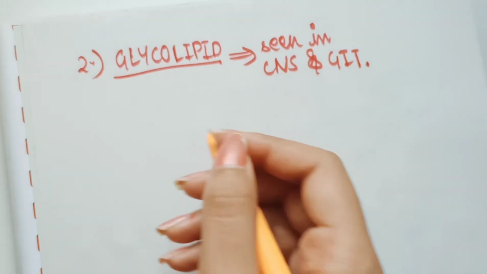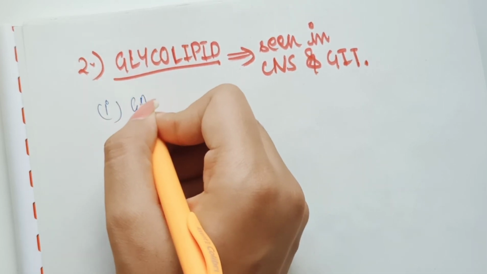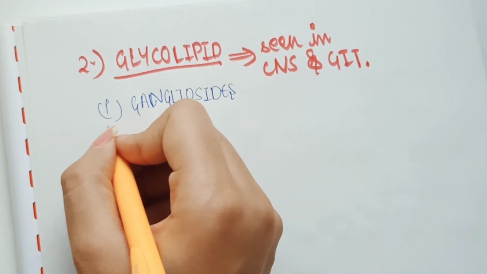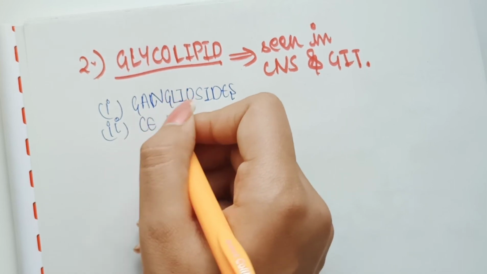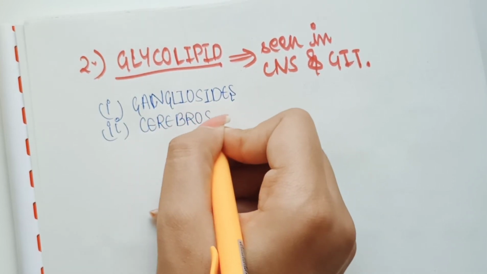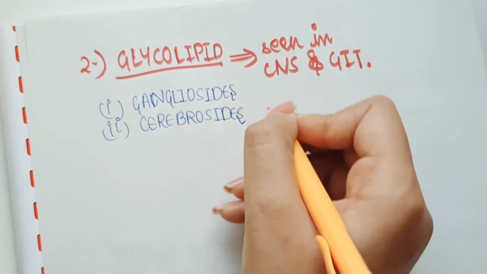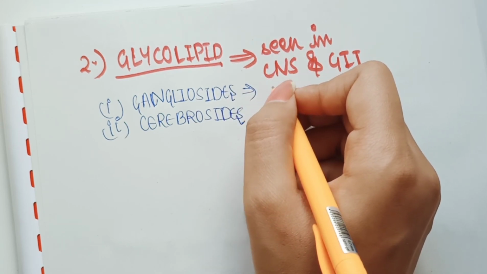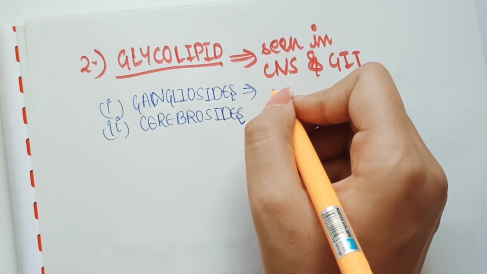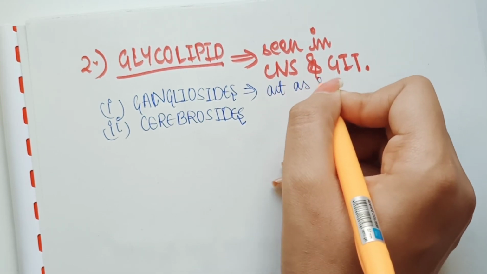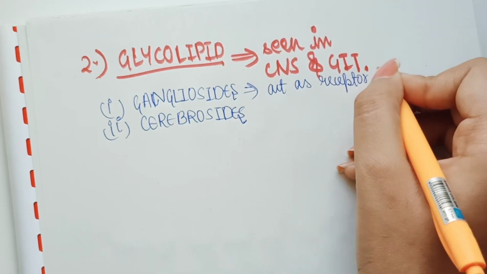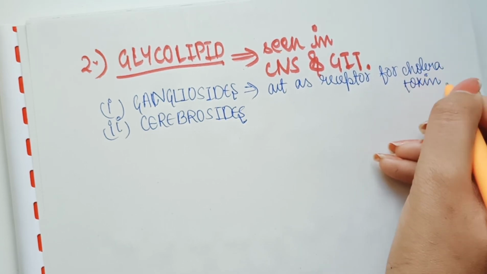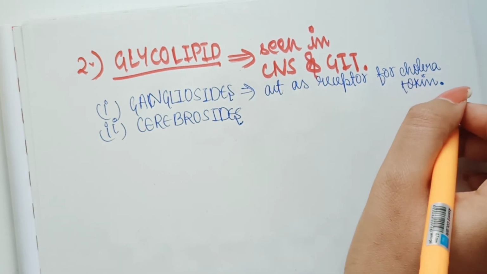Glycolipid consists of gangliosides and cerebrosides. A subtype of gangliosides in the GIT acts as a receptor for the cholera toxin, when we are infected.